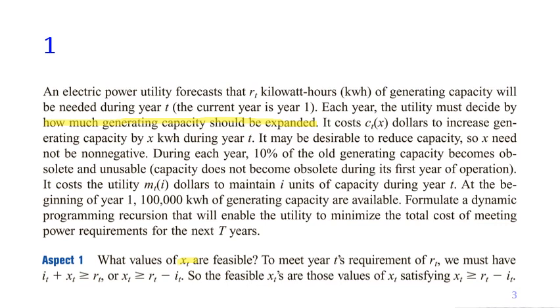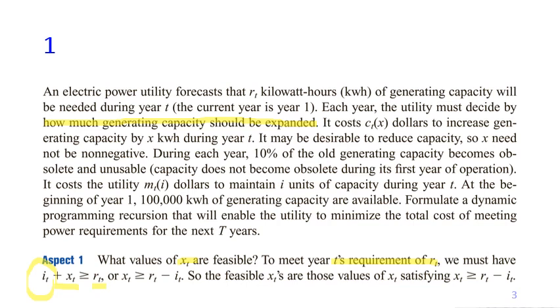Because the requirement for year T is RT, whatever we have at the beginning of the year, let's denote it with IT, plus whatever we add or decrease this year, xt, must be greater than or equal to RT, the demand of this year.